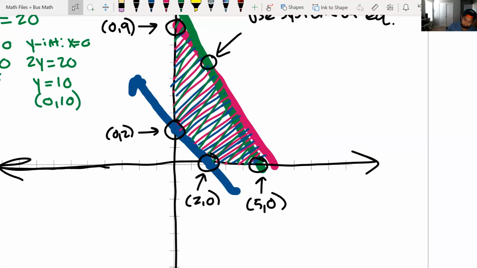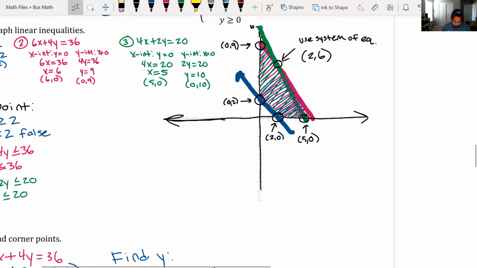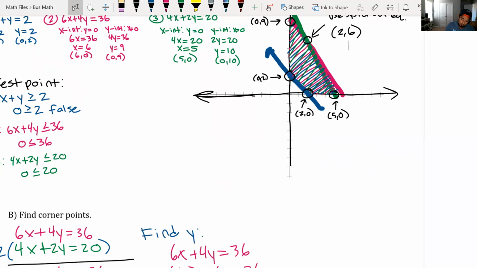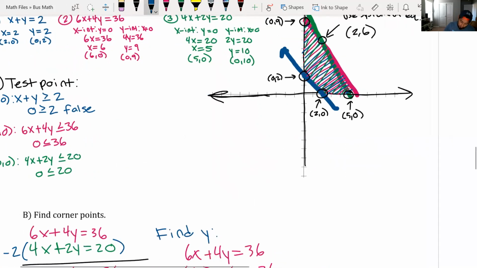Weird. Okay. So this point, by a system of equations, which we just proved, is 2, 6. And again, I'll just point an arrow. I have the corner points listed above. Lots of corner points here.